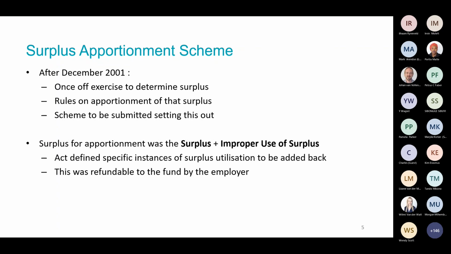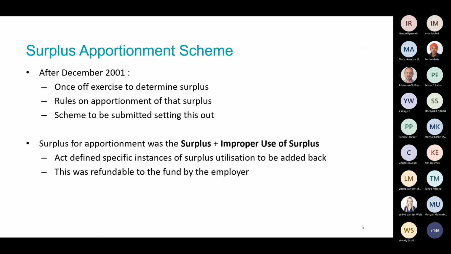The Act is prescriptive of the instances where the utilization of surplus is considered to be improper. And if a fund discovers that they did use surplus improperly, this money must be refunded into the fund by the employer. The combination of the surplus that has been valued by the valuator and the improper use of surplus is the total surplus that will be apportioned.